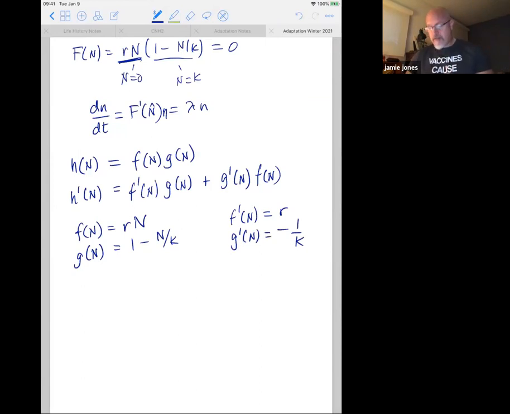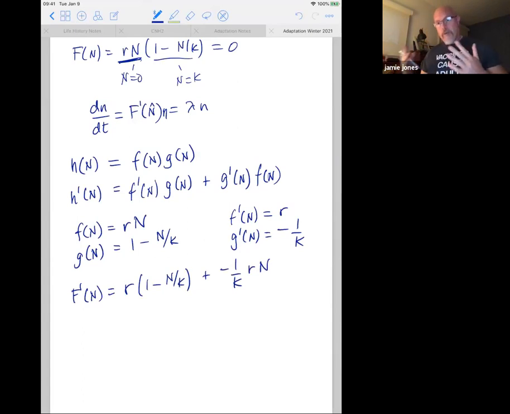So we can now do our substitution. So the capital F prime of n is equal to f prime of n times g of n, which is 1 minus n over k, plus g prime of n, so that's a minus 1 over k, don't screw up your signs, as I often do, times f of n, which is r times n.